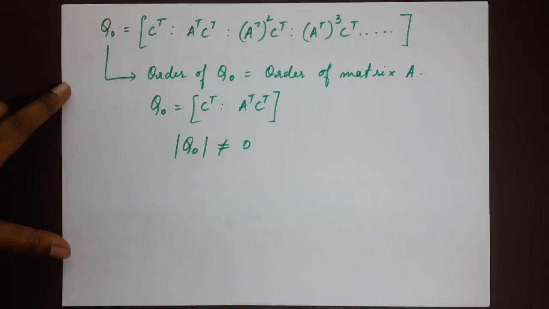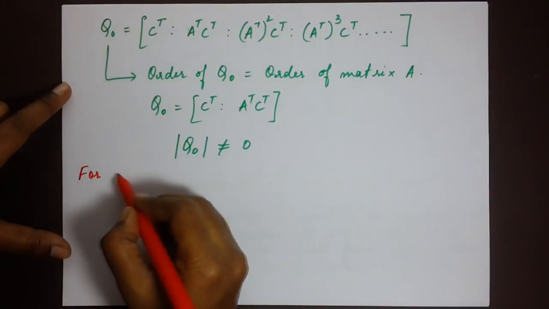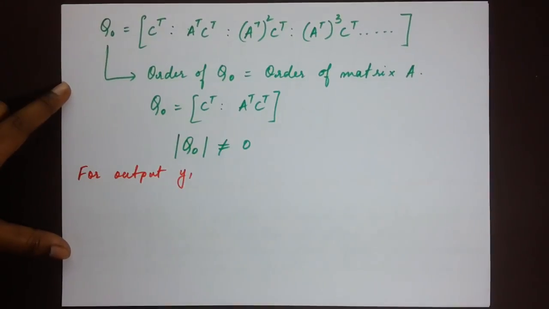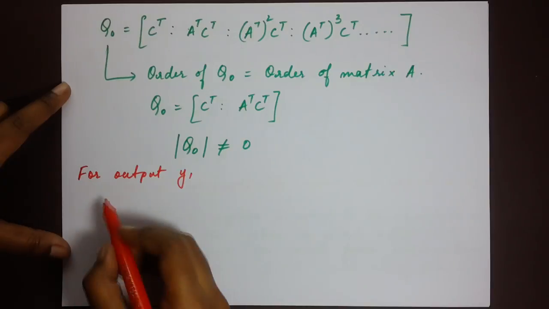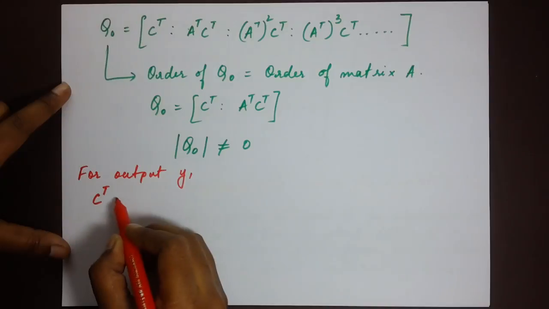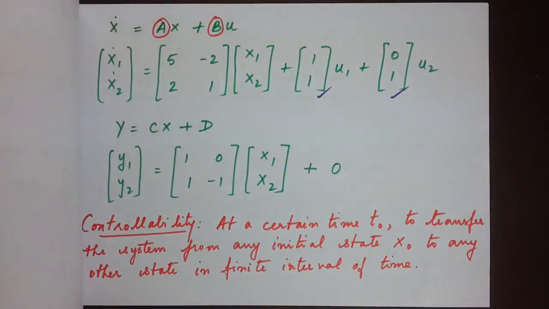We start by finding out for two different outputs, y1 and y2. Let's take y1 first. For output y1, we have first C transpose.